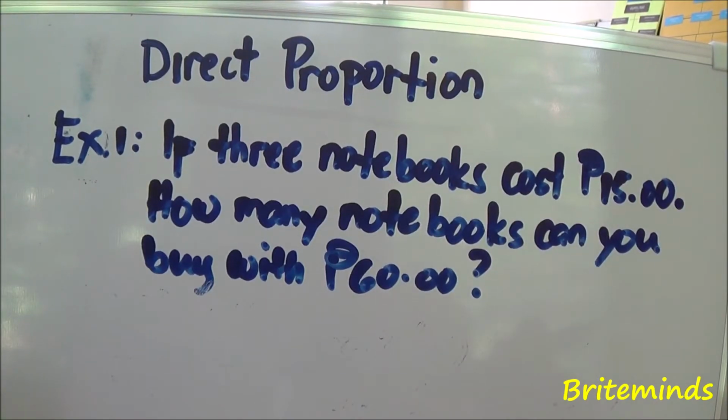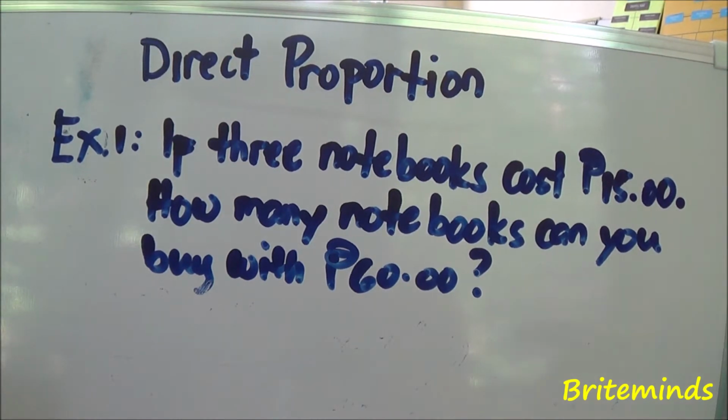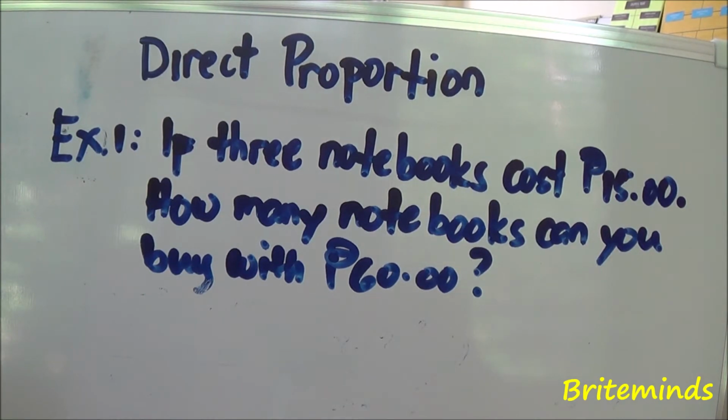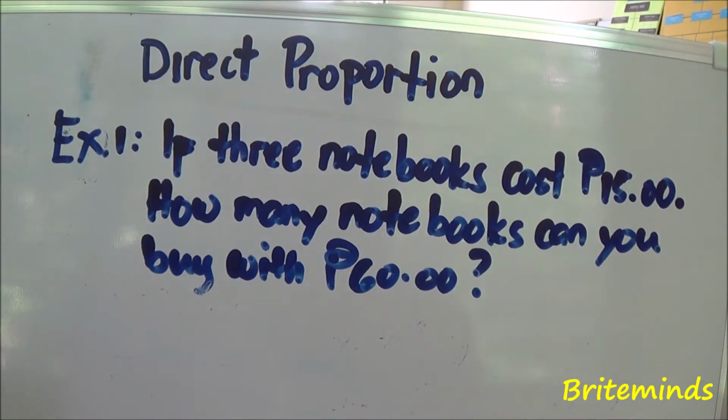I have here an example of direct proportion. If 3 notebooks cost 15 pesos, how many notebooks can you buy with 60 pesos? As I have discussed earlier, direct proportion is when one variable increases, the other variable increases as well, or when one decreases, the other also decreases.